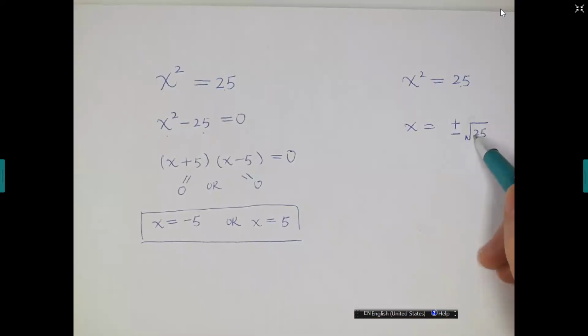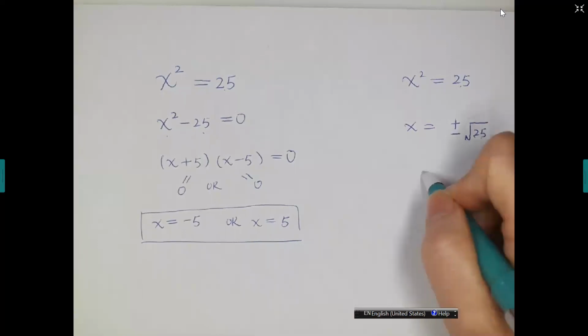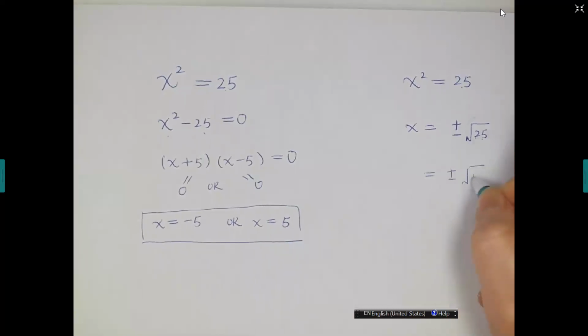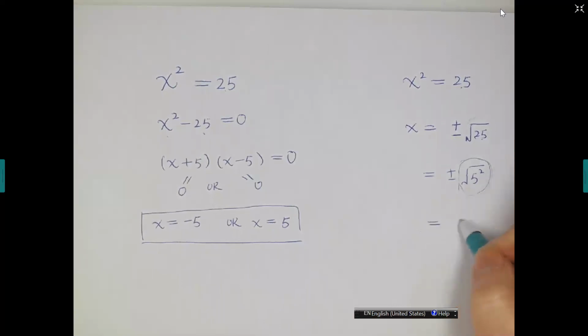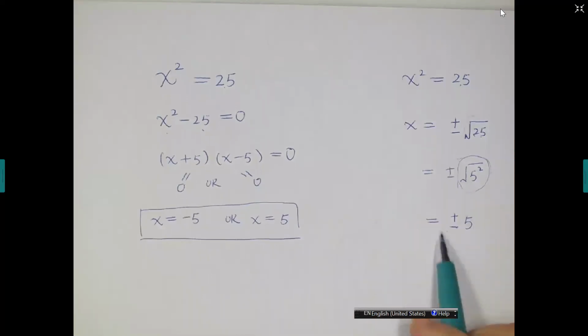And square root of 25, we know 25 equals what? Equals 5 squared. So we'll only look at this radical expression here. Radical 5 squared equals what? Equals 5. So this equals either positive or negative 5. So x equals, there are two numbers, positive 5 or negative 5.